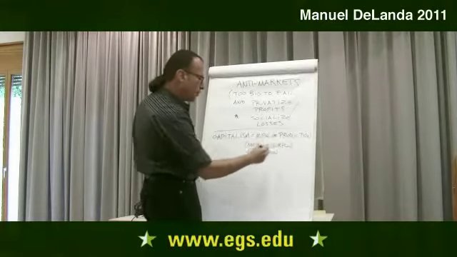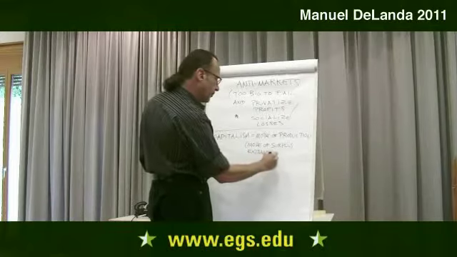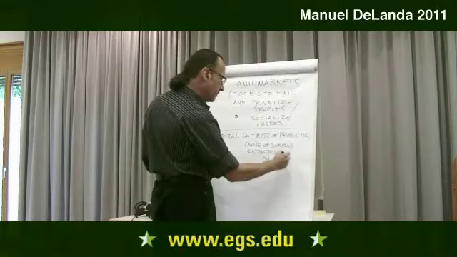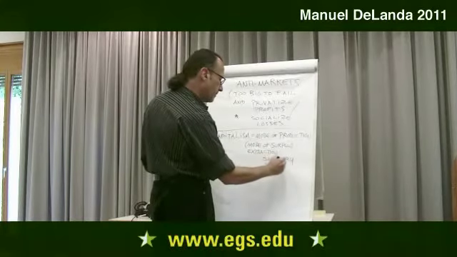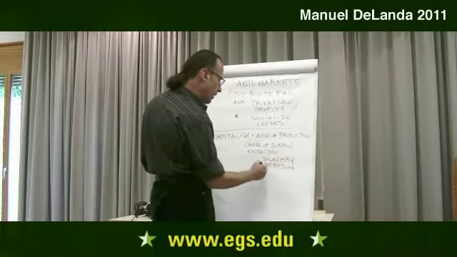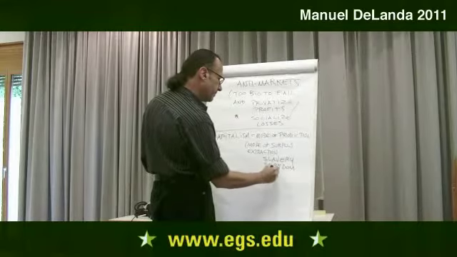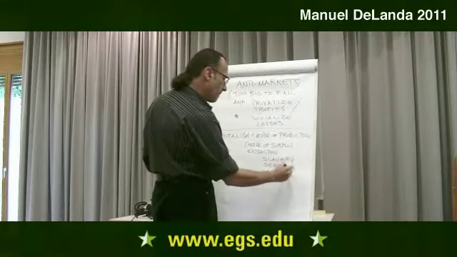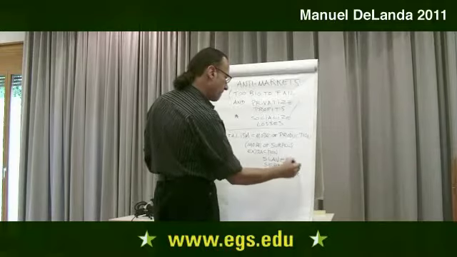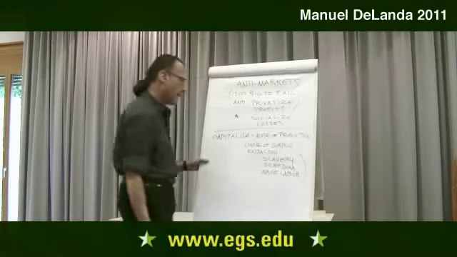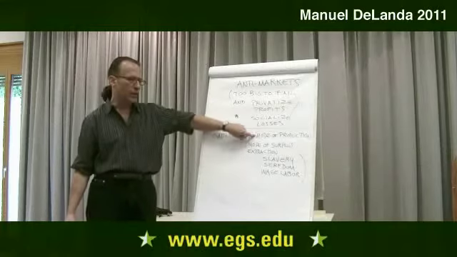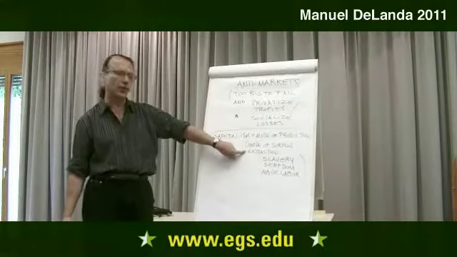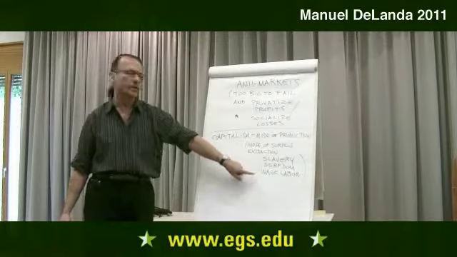The different modes of surplus extraction include slavery, serfdom, and wage labor. Capitalism is, of course, defined as a mode of production using as its mode of surplus extraction wage labor.